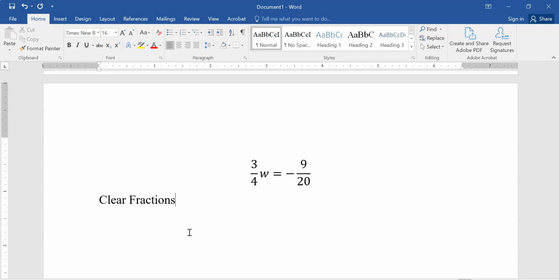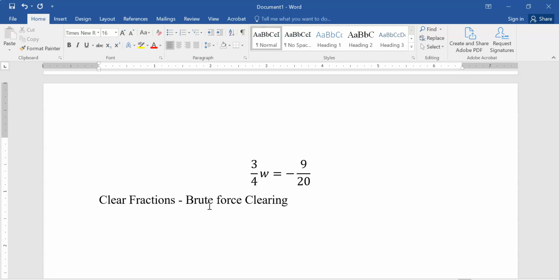Now, in this case, and in every case, there's a lot of numbers you can choose. But the method I'm going to use is a brute force clearing of fractions. There are much more sophisticated ways to do this that you may have encountered before, that utilize least common denominators.